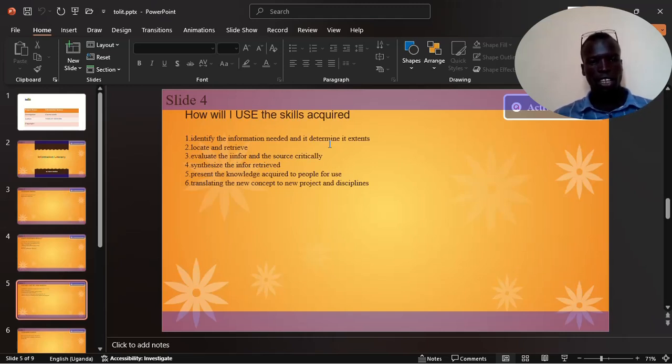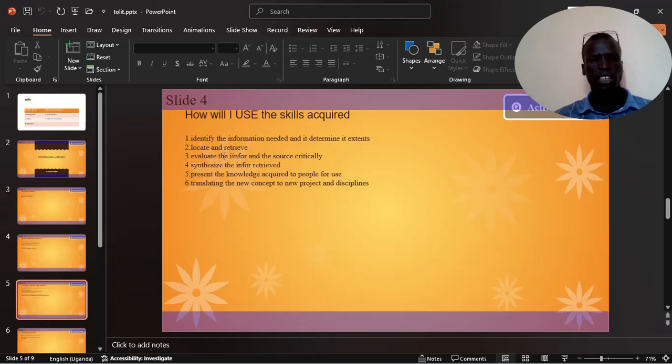The second one is locate and retrieve. Here you use different strategies, like looking for the information in its sources. Locating means looking where it is found, and analyzing and using it appropriately from wherever it is.